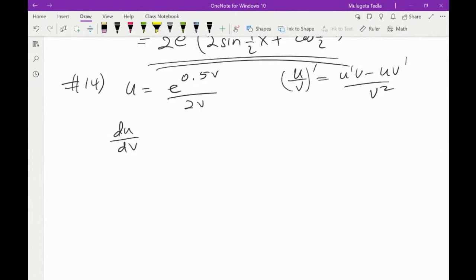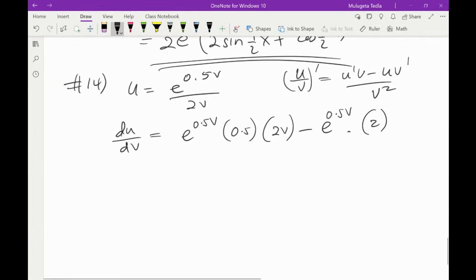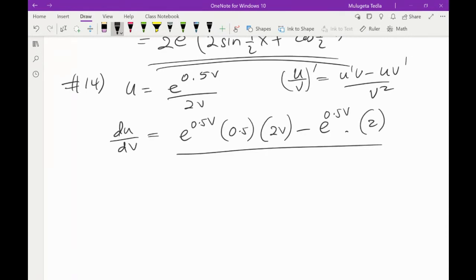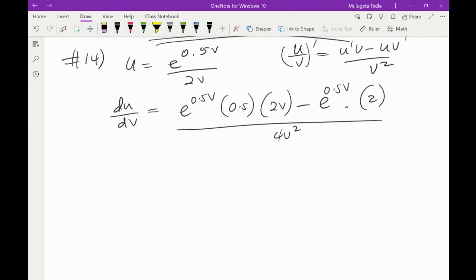So the derivative of the top function is itself times the derivative of the exponent, times the denominator function, minus the top times the derivative of the denominator, over the denominator squared, which is 4v squared. Denominator squared is part of the formula.